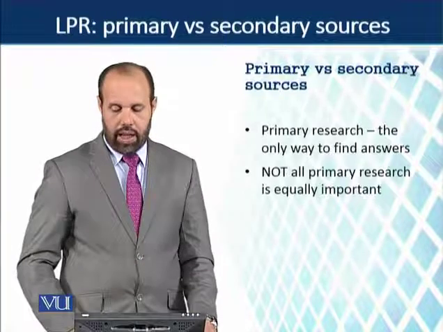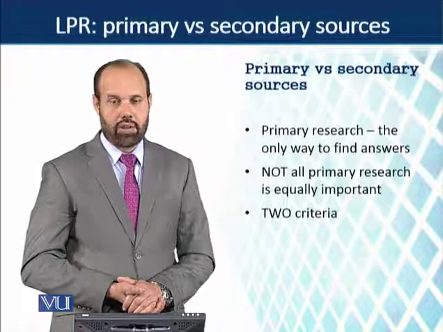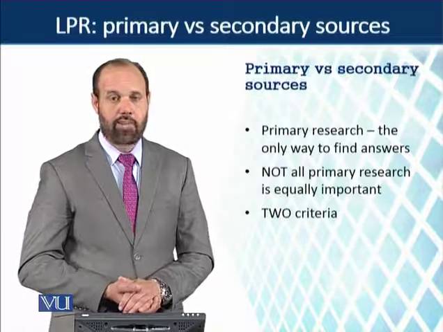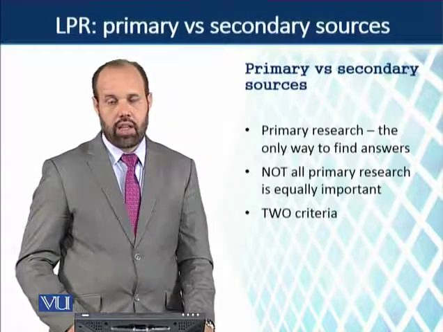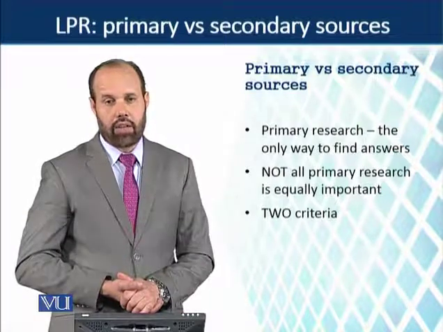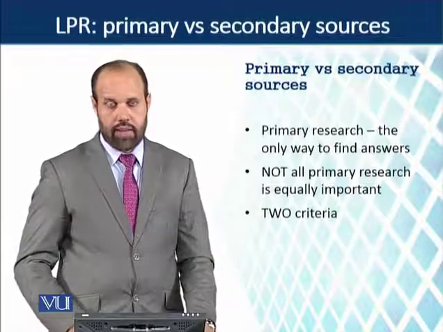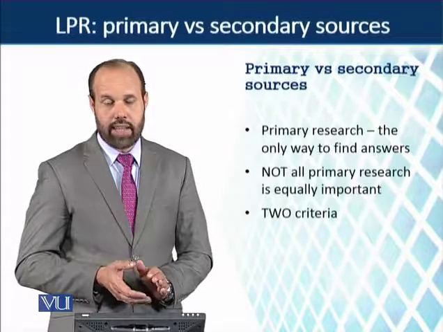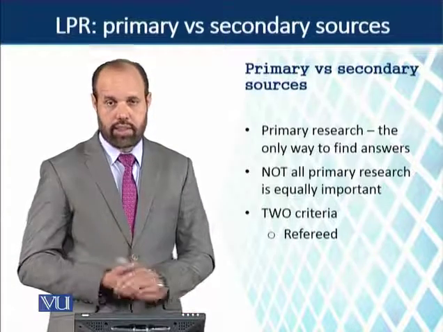So we must know what criteria are used in order to determine which study is more important and which one is more authentic, right? There are two criteria basically for considering the importance of a research study, and for declaring that it is something authentic, something really reliable, that must be used as evidence or proof. These criteria are used in research publications.